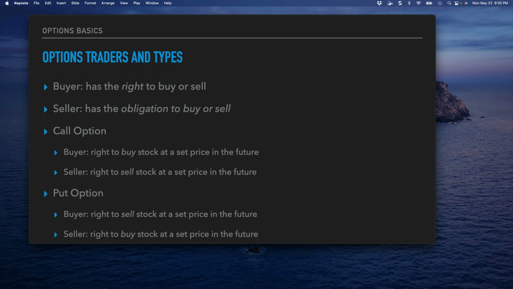The difference now is instead of being forced to sell the stock to the call option buyer, the seller of a put option could be required or obligated to buy the stock from the put option buyer. The seller of any option, call or put, can't back out of the agreement once the buyer decides to enforce the contract.